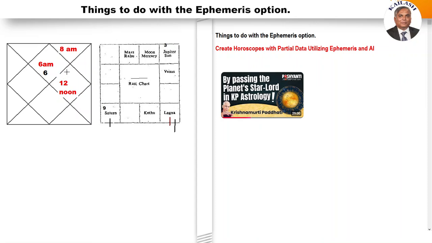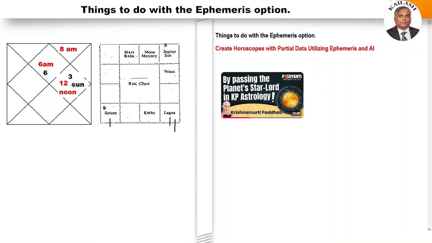That means the sun should be here. Right. So this is how you are able to construct the date, time and place. The sun is in Gemini, so the sun is here. And this position of the sun indicates the afternoon time, 12 to 1. 12 to 1, 12 to 2, I would say.